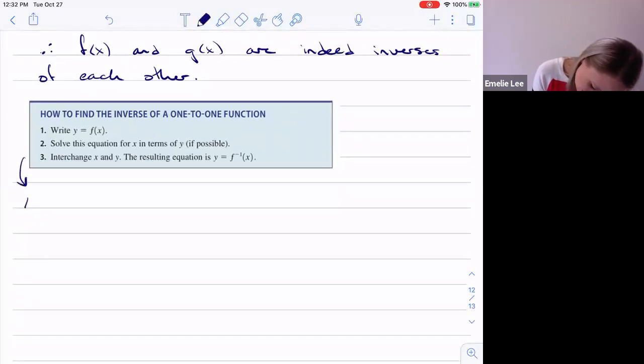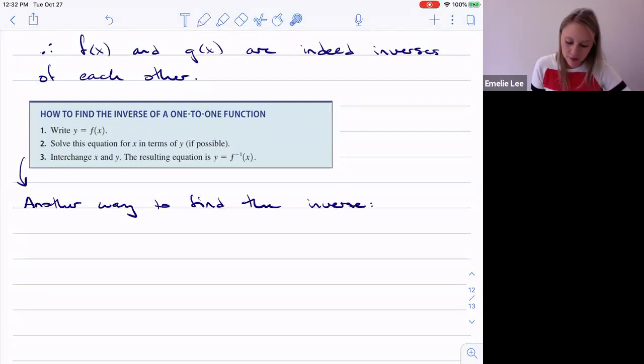So another way to find the inverse, just so you know it's coming, but first let's talk about this one, and then I'll give you the other way that you can find the inverse. It's very similar, very, very similar. It's just that you land on the inverse immediately. So first thing you're going to do is write y equals f of x.